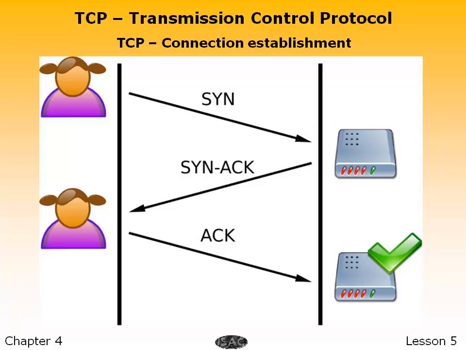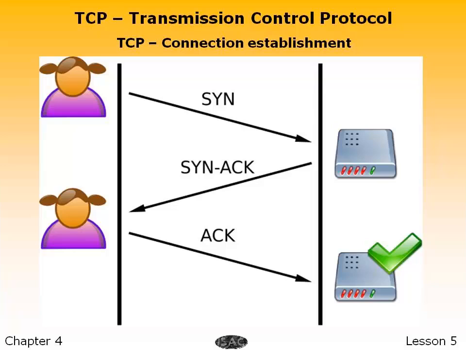In the first two steps of the three-way handshake, both computers exchange an initial sequence number, ISN. This number can be arbitrary, and should in fact be unpredictable to defend against TCP sequence prediction attacks.